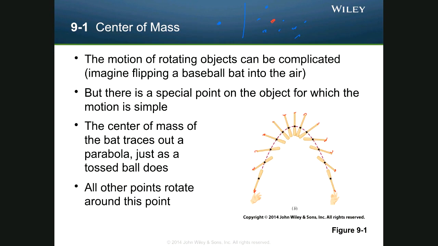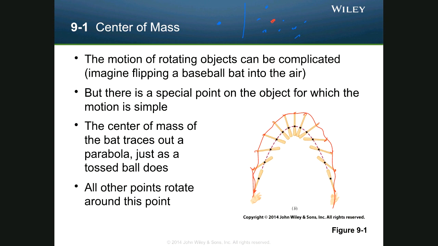If we were to draw this, it would look like this. It doesn't really look like a parabola. It's a little more complicated.